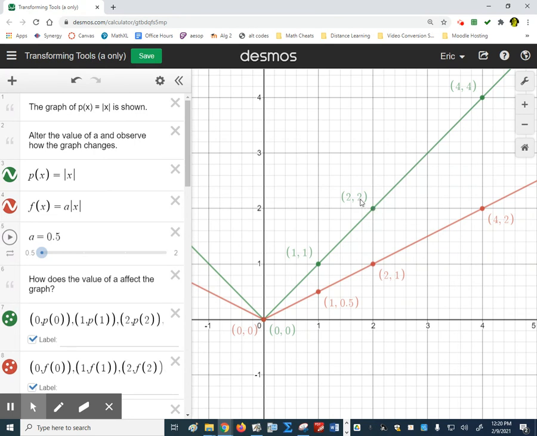But now we multiply that y coordinate by 0.5. 2 times 0.5 is 1. So it made each of these points on the absolute value function only half as high. Squashed it down. It compressed the function by a factor of 2, or a factor of 1/2, right? Multiplied everything by 1/2. Okay.